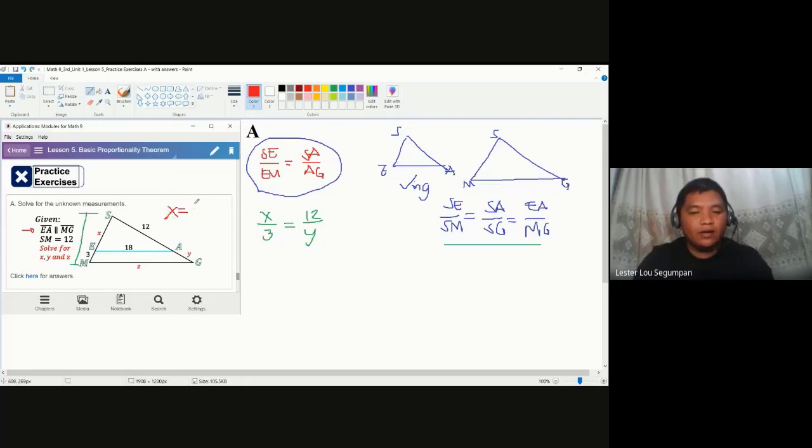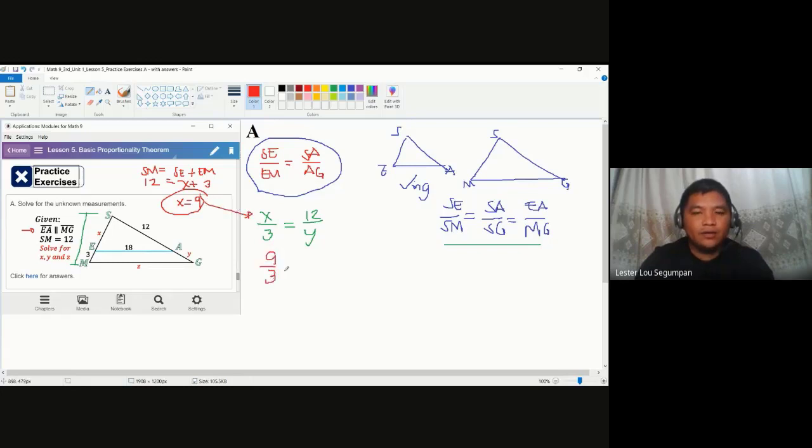How do we do that? Here's the solution. SM is equal to SE plus EM. So SM is given to be 12, SE is x, plus EM, which is 3. So x is 12 minus 3, which is 9. This is the first answer, and that is what we're going to substitute here.